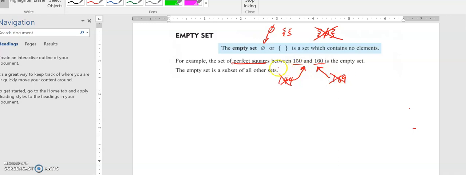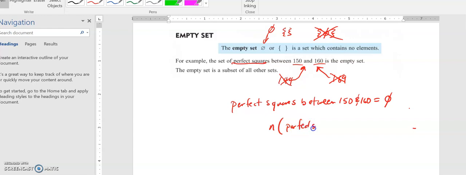So I know that the perfect squares between 150 and 160 would be the empty set, and I could draw that, okay? Now, how many items would be in this set, the perfect squares? Well, there'd be 0 items, right? The empty set can't have any items in it.